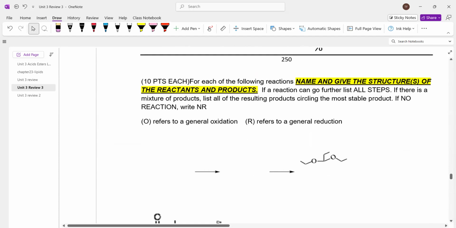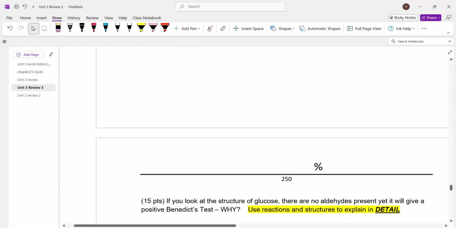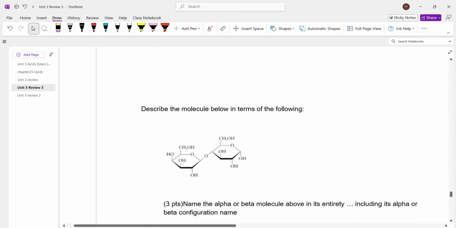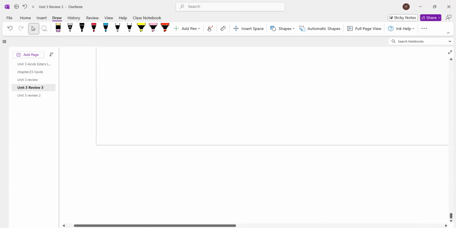You know, this practice test has a lot of test 2 stuff in it. Your test is not going to have, it may have 1 or 2 questions from test 2, but not this extensive.